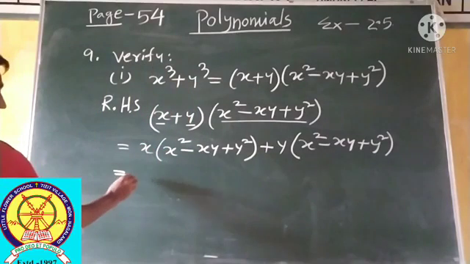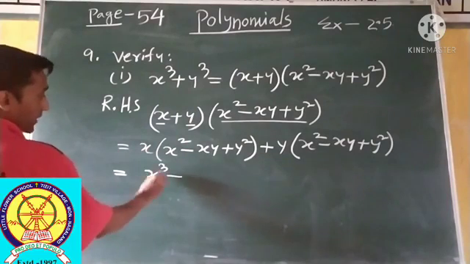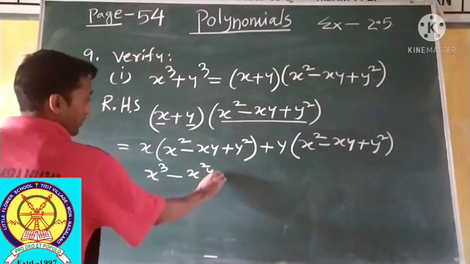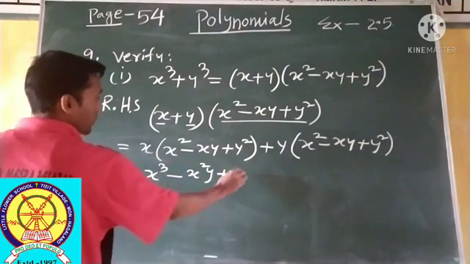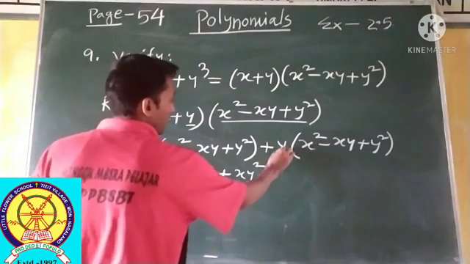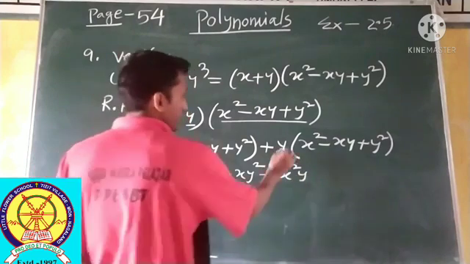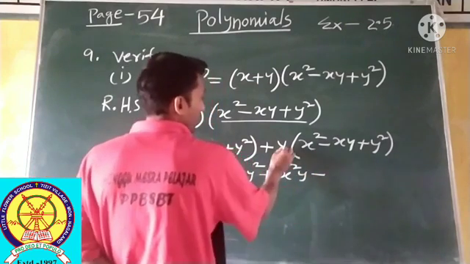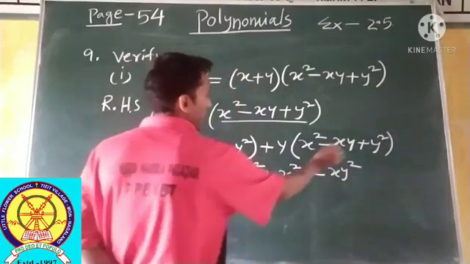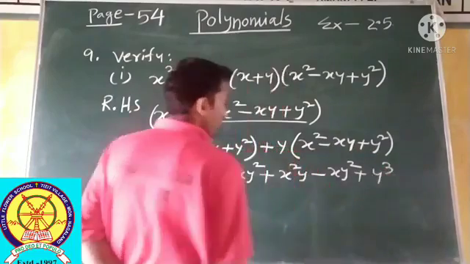Now you multiply. X into x square, we have x cube. Minus x into xy is x square y. Plus x into y square is x y square. Plus y into x square is x square y. Plus into minus, minus y into xy is x y square. Plus into plus, plus y into y square is y cube.